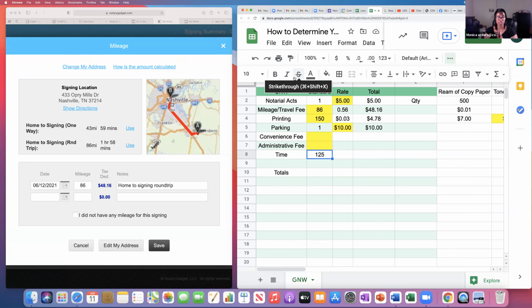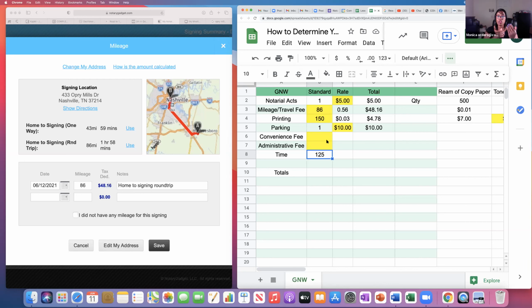Why? Because you're not really going to be printing 150 pages on a general notary work job. You're not going to be traveling 86 miles on every single notary work job, right? So some of that is going to already be built in, and what isn't can be captured in your time. And we'll get to that here in just a second, but thank you very much for bringing that up.